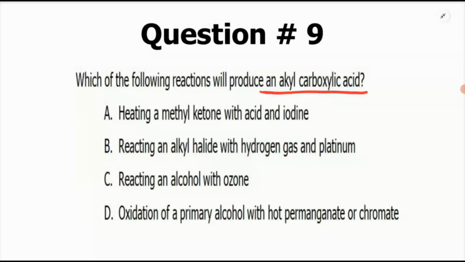Is it A, heating a methyl ketone with acid and iodine, B, reacting an alkyl halide with hydrogen gas and platinum, C, reacting an alcohol with ozone, or D, oxidation of a primary alcohol with hot permanganate or chromate?